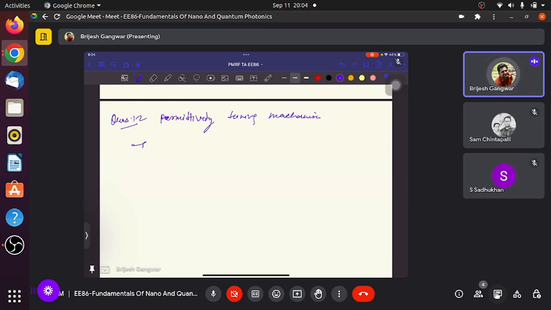So one we use PCM, that is phase change mechanism, or second one mechanical actuation, and third one is photo carrier excitation.